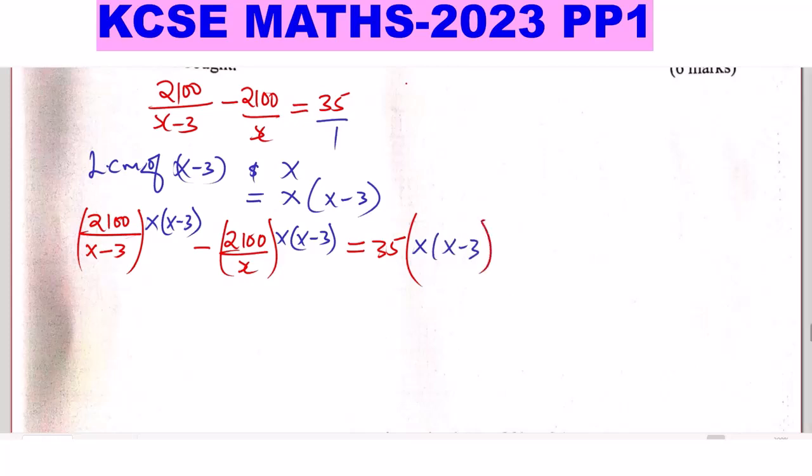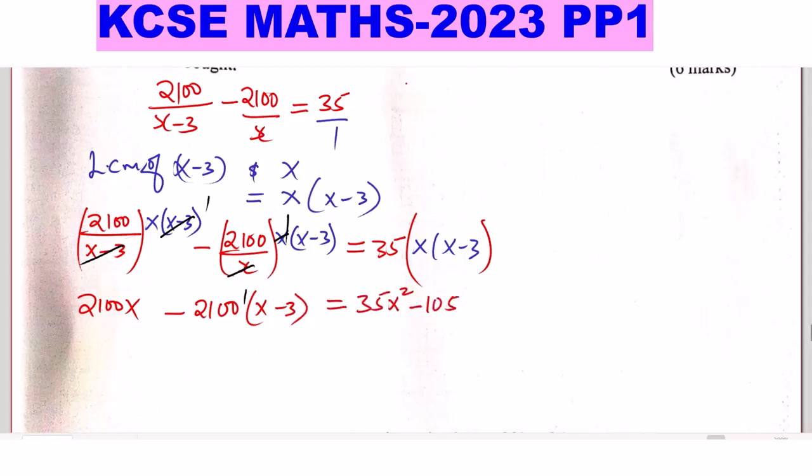So when you solve this, you'll be able to get the value of X. So let me cancel out. So X minus 3 will cancel there. X there will cancel. And this is what you're going to have. For this one, you'll have 2100X, then minus 2100 brackets X minus 3, equals 35X squared minus 105X.